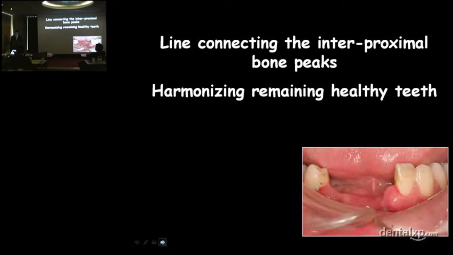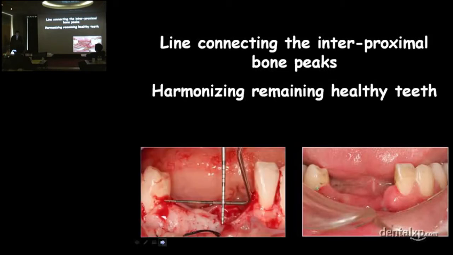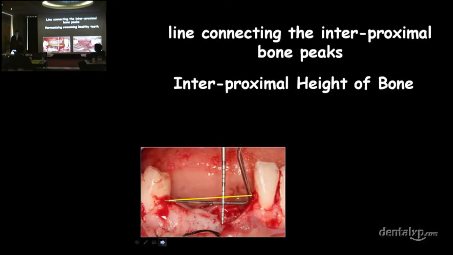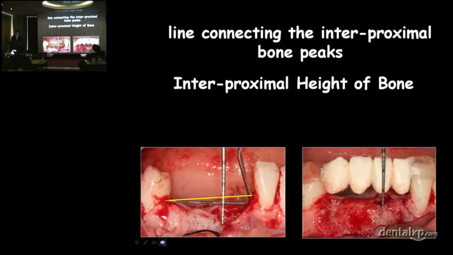When we hope to harmonize implant superstructures with existing healthy teeth, the line connecting the interproximal bone peaks is a particularly useful guide. Of course, IHB is also a necessary standard on which we base the shape of the crown.